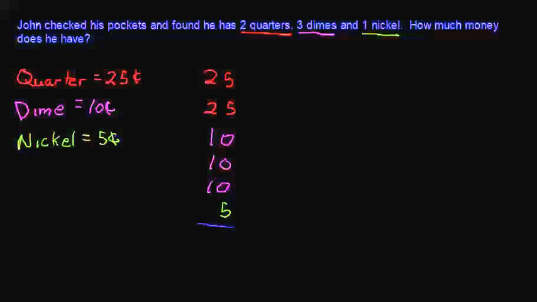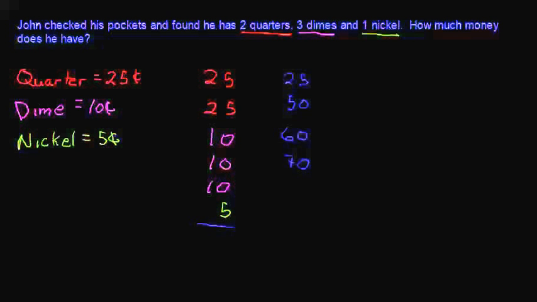But we can do this by skip counting. So if we're skip counting, we start at 25. And we're going to skip count by 25. That gets us to 50. And now we're going to skip count by 10. Well, 50 plus 10 gets us to 60. And we're skip counting again to get to 70.